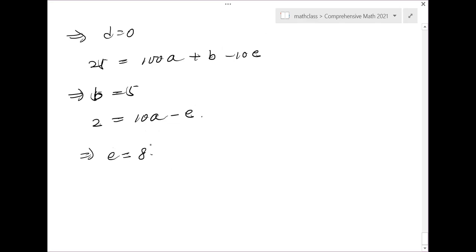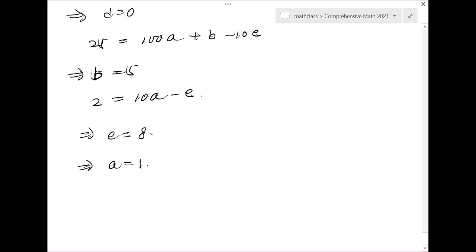Then 10 equals 10A, then that implies A equals 1, okay? So you got all the digits through this equation. This is an interesting problem. The equation itself is pretty long, but we figured it out one by one.